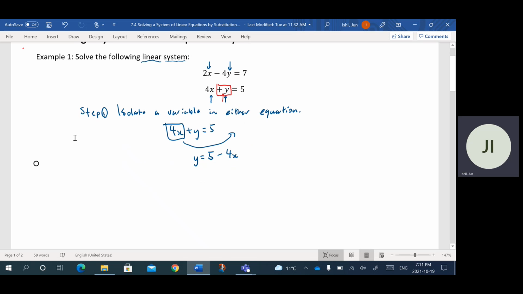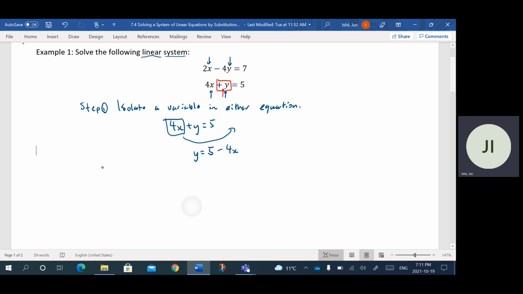Once you've done that, the next step is to plug in, or in other words, substitute, into the other equation.